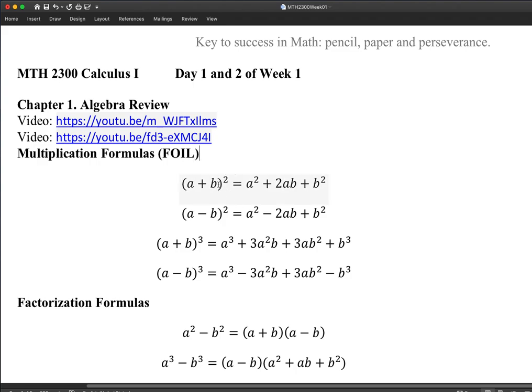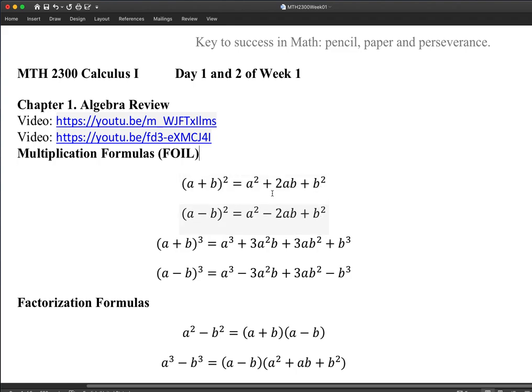I call this the square of a sum, which can be expanded into those three terms. The second formula, the square of a difference, can also be expanded into three terms. I hope you already know that these two formulas are equivalent.